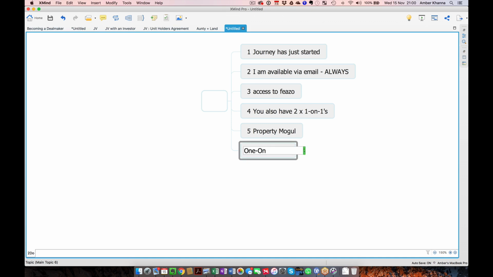Number 6 is the one-on-one mentoring. The one-on-one mentoring is basically you have me on phone, you have me on call. I would recommend that you get into one-on-one mentoring when you are 100% serious that you're going to do this project, or you're going to find a project and do it no matter what.